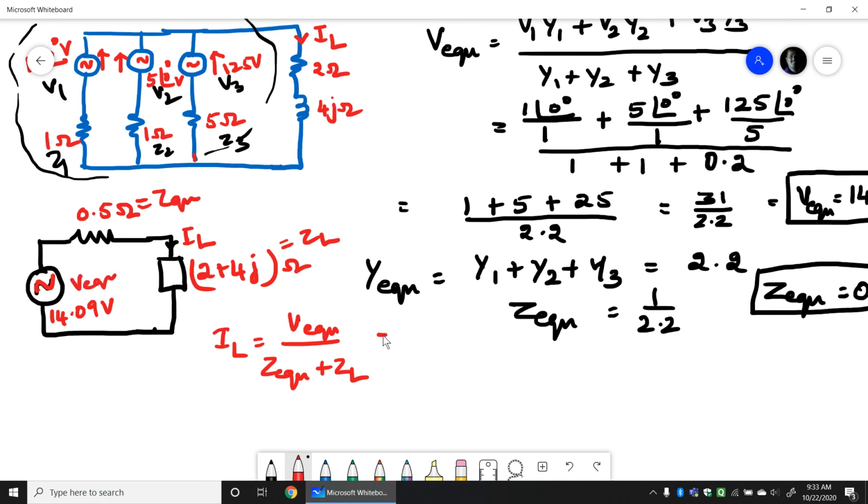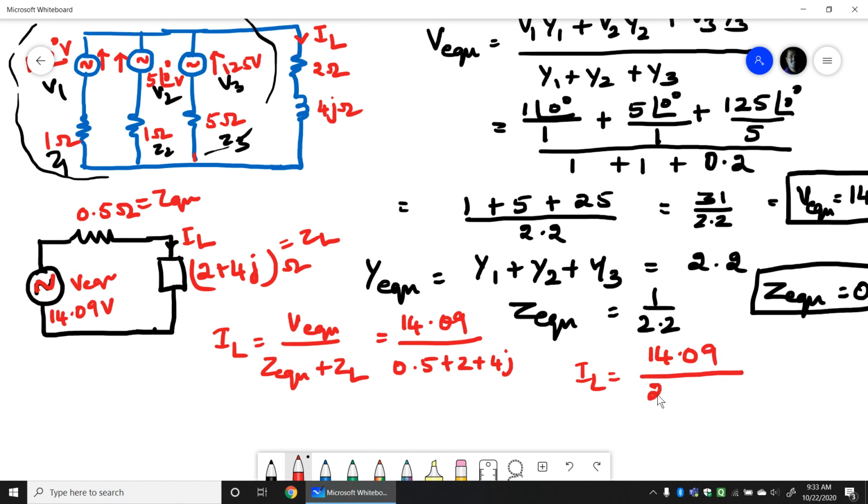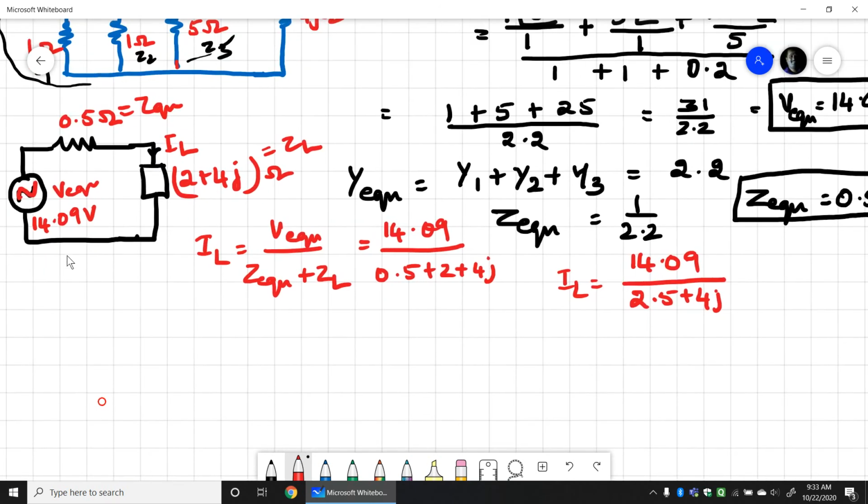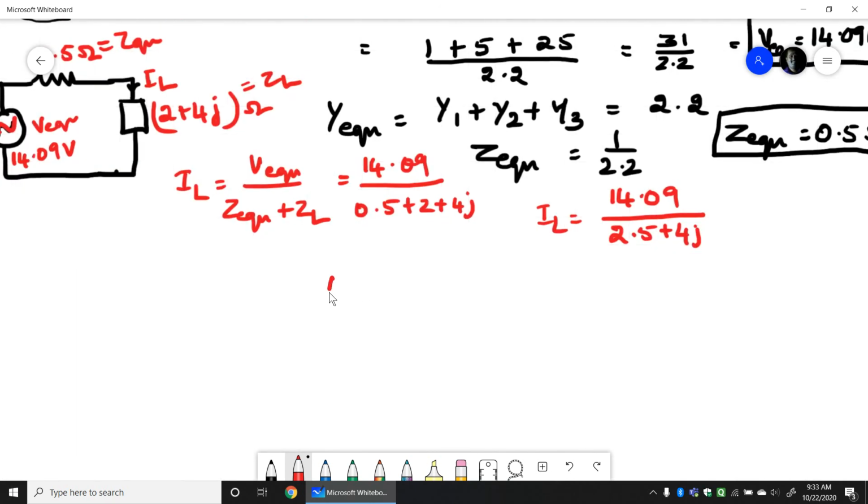Therefore what I get here is 14.09 divided by 0.5 plus 2 plus 4j. Therefore IL would be equal to 14.09 divided by 2.5 plus 4j.